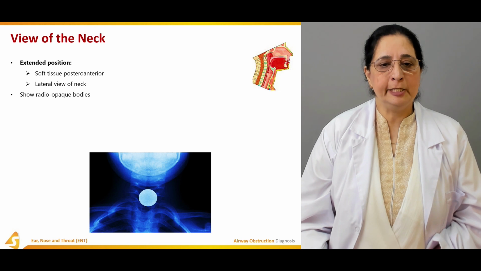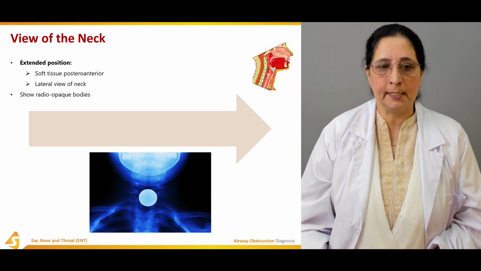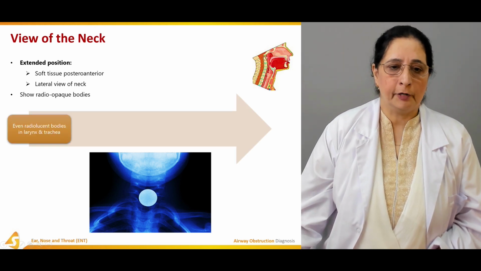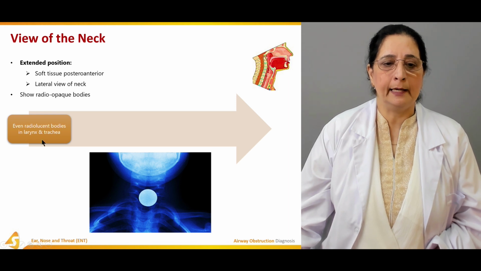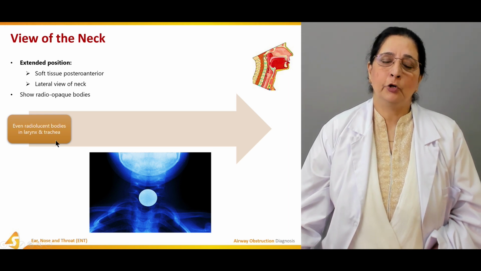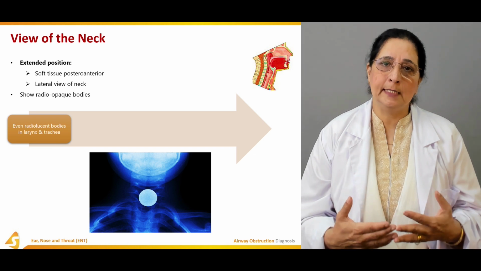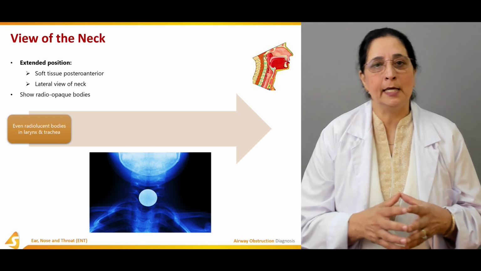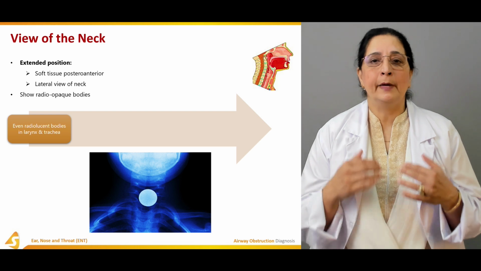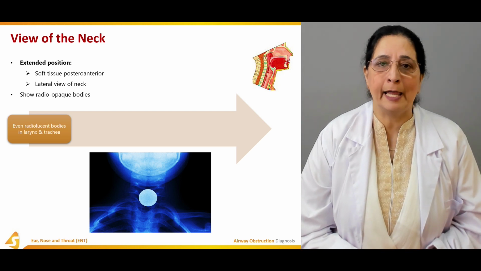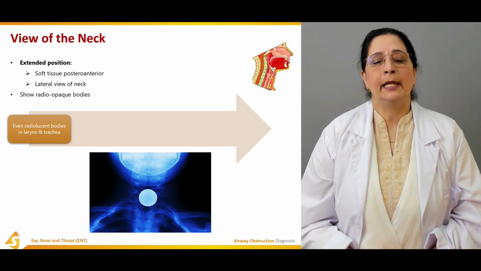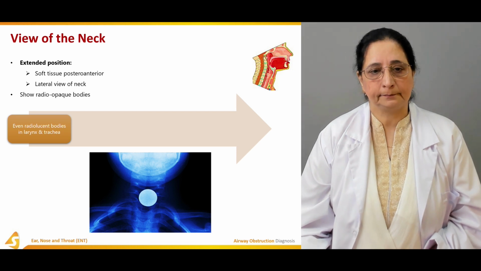They show radio-opaque bodies and even radiolucent bodies in the larynx and trachea. Radio-opaque bodies can be easily viewed, but even if the body is radiolucent and present in the larynx and trachea, it can be visualized.